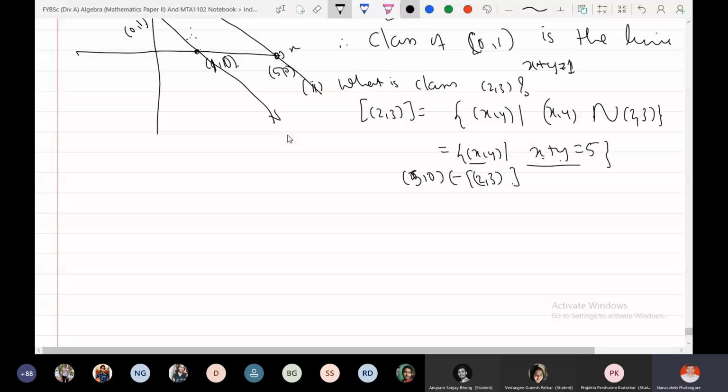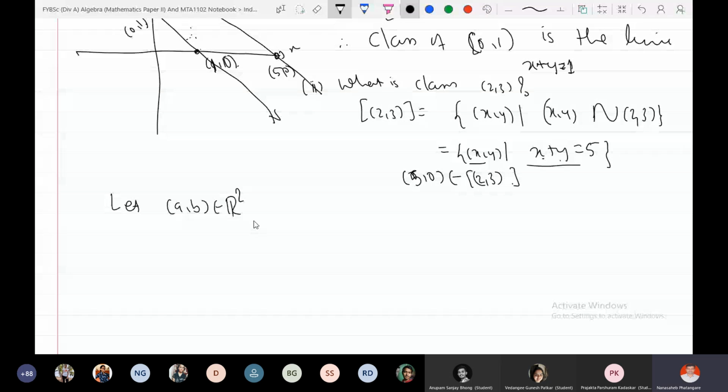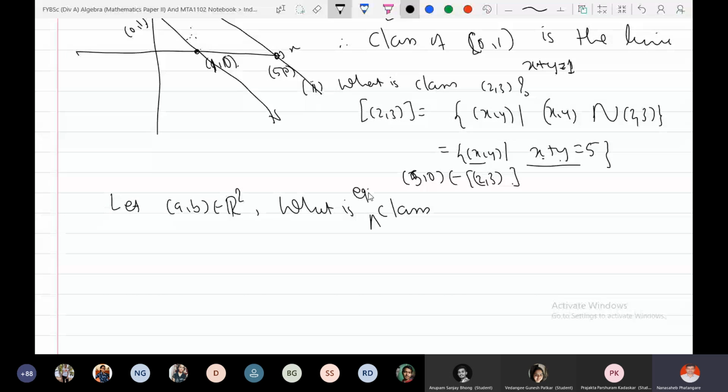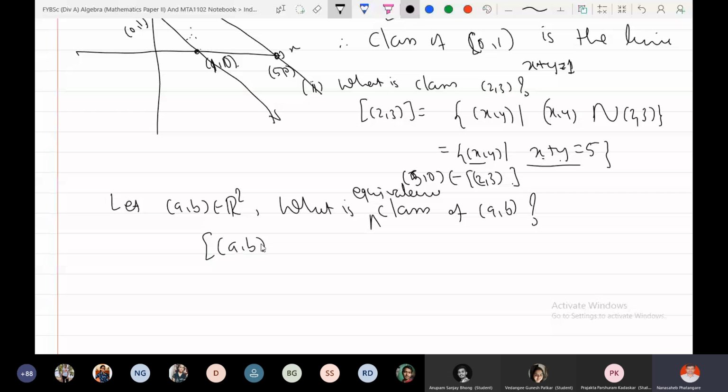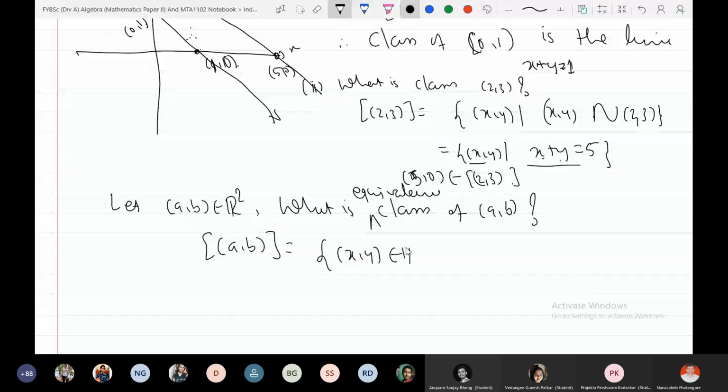Now I want to generalize my problem. So let (a, b) belong to my set. Then what is the equivalence class of (a, b)? The equivalence class of (a, b) is those points in my set such that that point is related to (a, b).